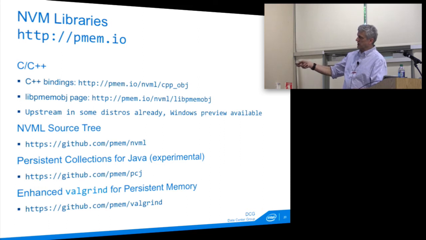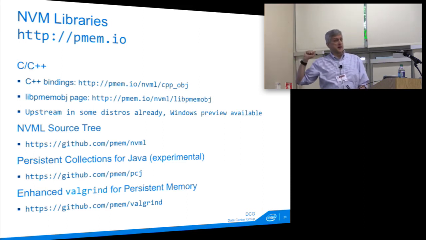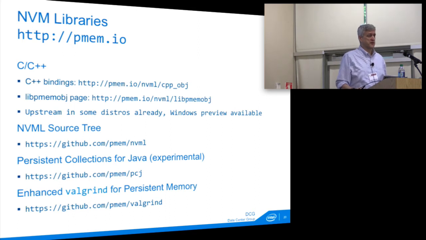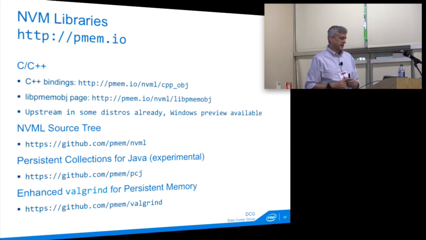There's the library, the Java stuff. We have an enhanced version of Valgrind, by the way, that helps you find not just memory leaks, but persistent memory leaks, which are particularly nasty. So that is my summary of the ecosystem for persistent memory today.